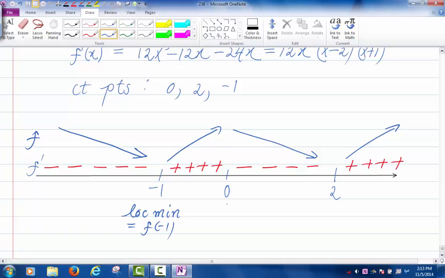And then at 0, what do I have? Local max. Because on the left side of 0, the graph is increasing. On the right side of 0, the function is decreasing. So I have a local max there. So f of 0 is a local max. And finally, at 2, I have a local min.